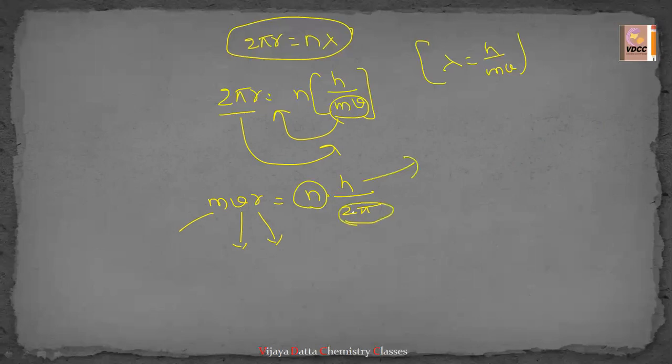This proves that the de Broglie and Bohr concepts are in perfect agreement with each other. But Bohr considered only the particle nature, not the wave nature. Now de Broglie has considered the wave nature also, so both theories match and are perfectly acceptable.